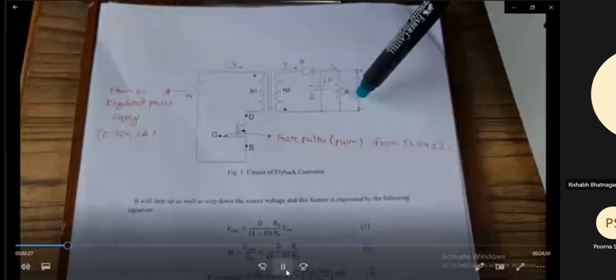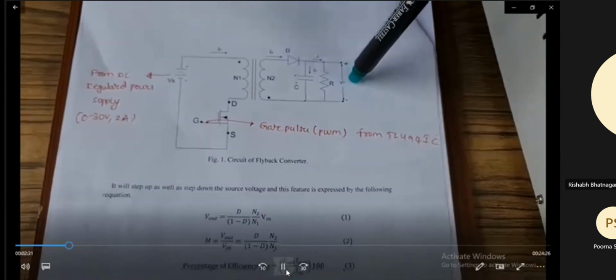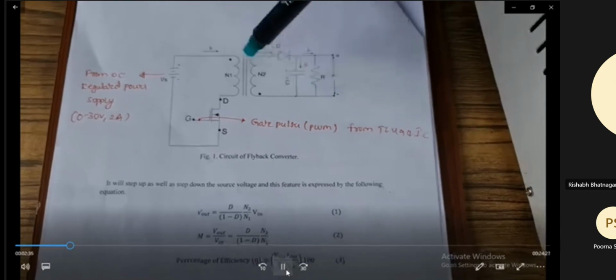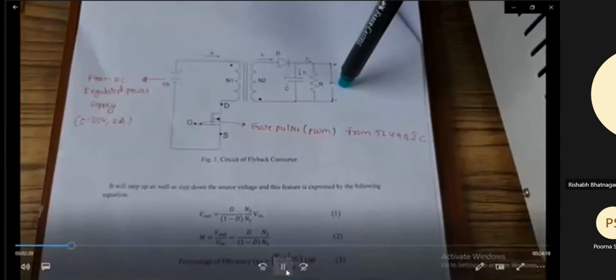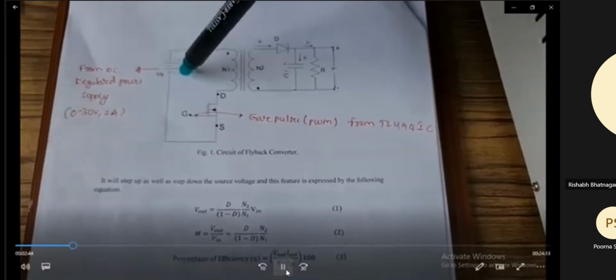Another thing is we will also demonstrate the dependence of load voltage on the change in the load resistance, as well as the impact on load voltage if there is any change in the supply voltage.